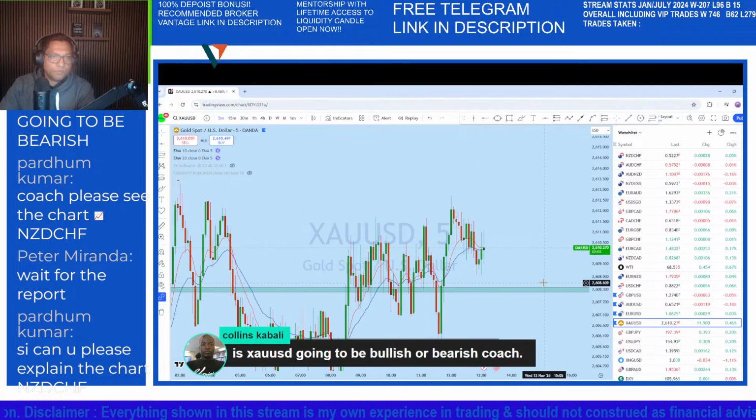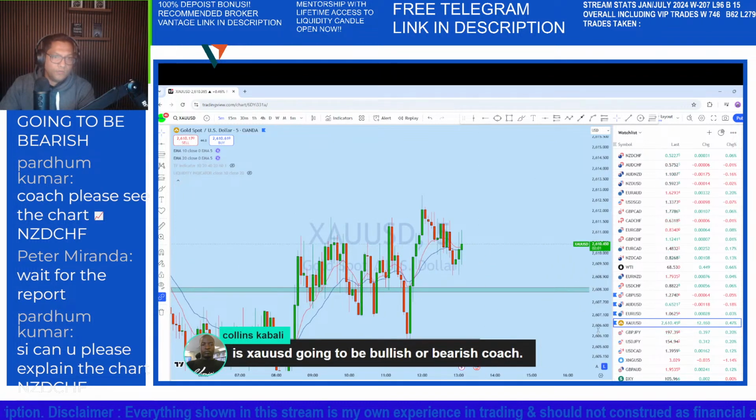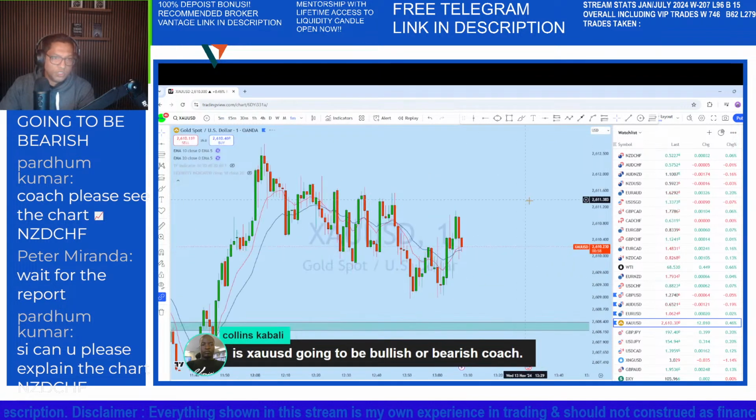This is a very strong consolidation in this area.